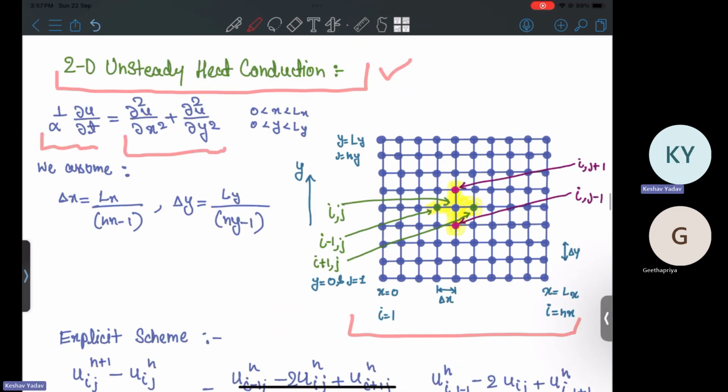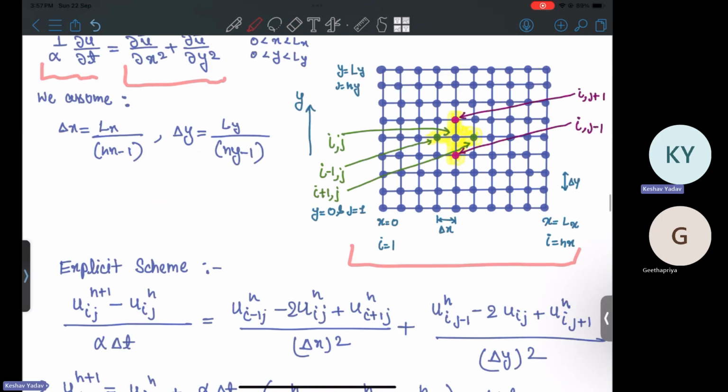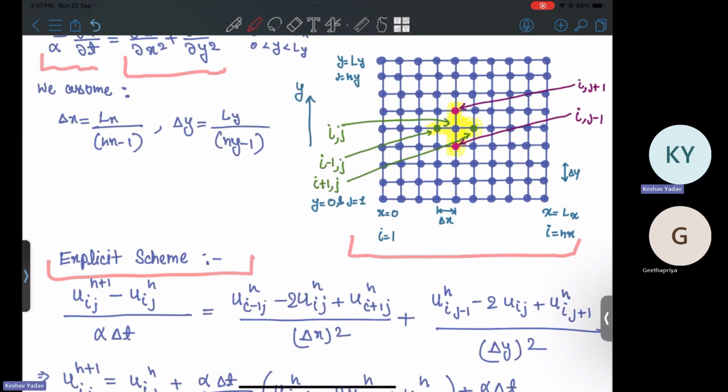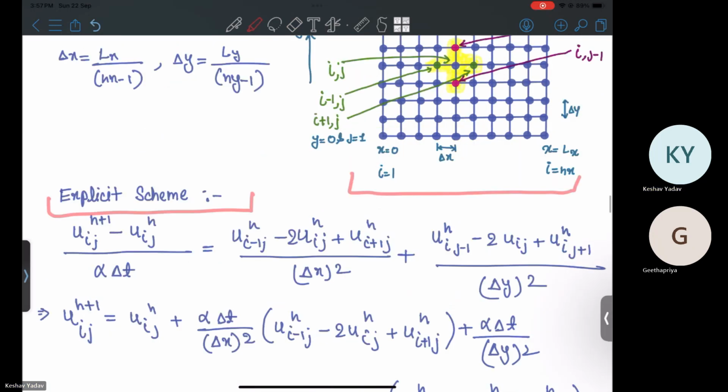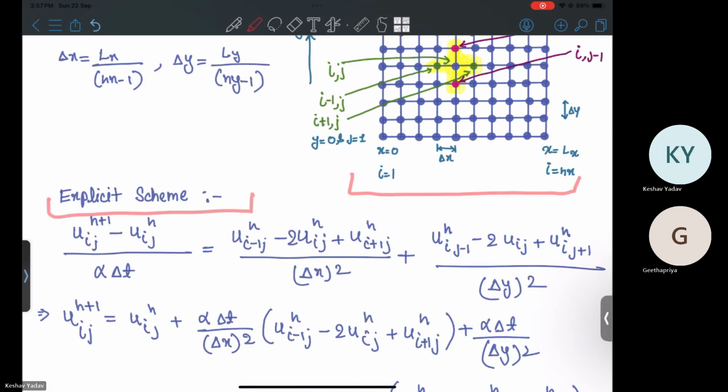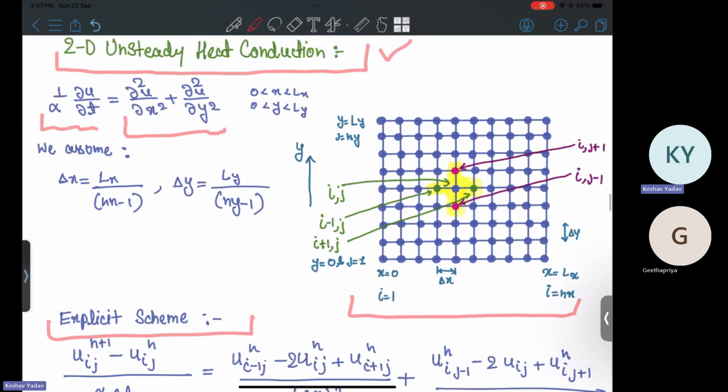This unsteady problem can be solved using either the explicit scheme, implicit scheme or Crank-Nicolson scheme, as we have seen in the 1D case. Suppose I am using the explicit scheme.